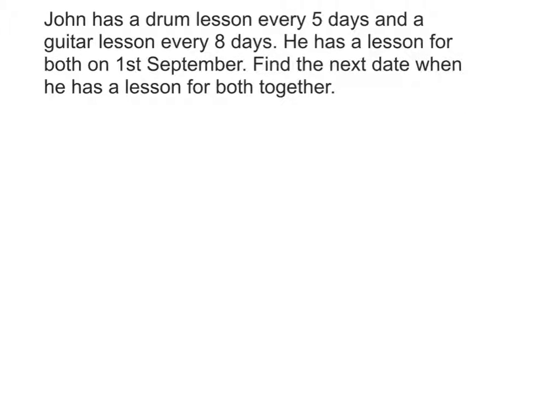Okay, in this example, this is a problem style question. This is an extremely common question, especially at GCSE. Any question that you see that involves a certain time period for two separate things, and it asks when they will next happen together, is always lowest common multiple.